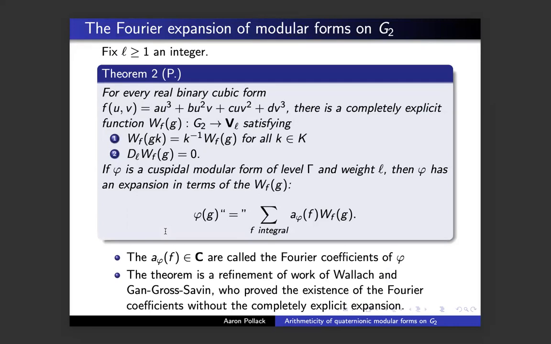So to set up the theorem, I take a real binary cubic form f, so a u cubed plus b u squared v plus and so on. And associated to this binary cubic, it turns out there's a completely explicit function W sub f defined on G2 that takes values in this vector space V sub L, this 2L plus 1-dimensional representation of K, that satisfies a couple of the conditions of being a modular form.